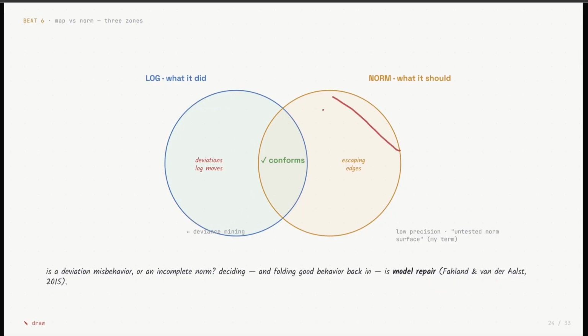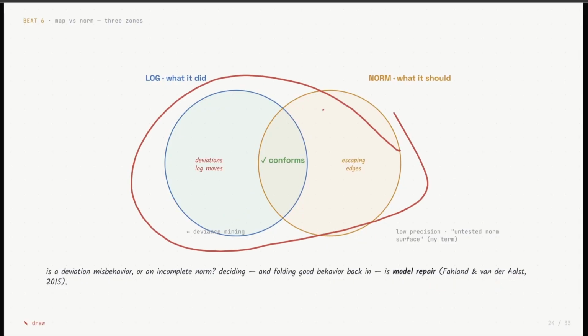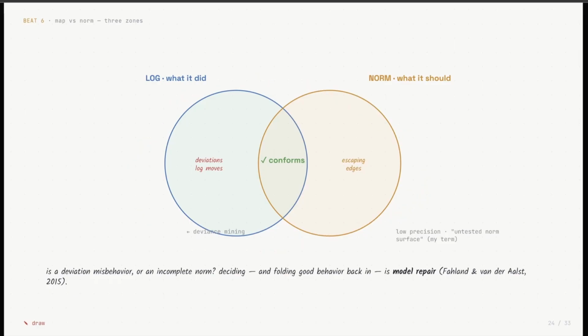As in, should my orange be bigger, like this, so that more of this blue side is included in my orange side? That's the question that was answered by the following paper. Is a deviation misbehavior or an incomplete norm?